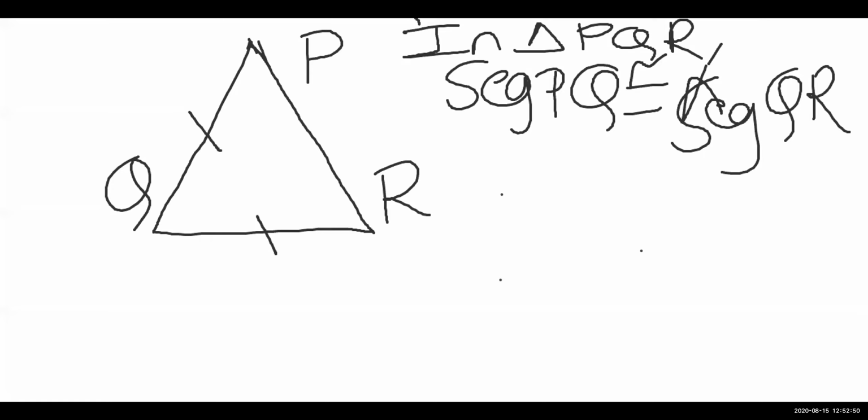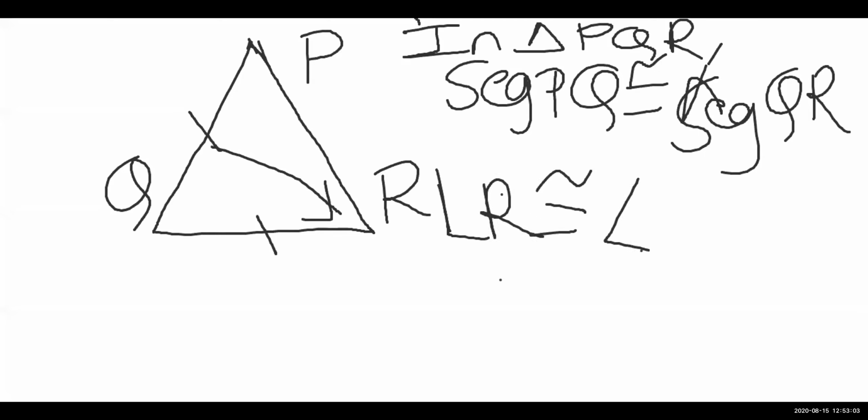Okay, P and R. Very good. So the angle opposite to PQ is angle R. So angle R is congruent to the angle opposite to the side QR, that is angle P. So this is the isosceles triangle theorem.